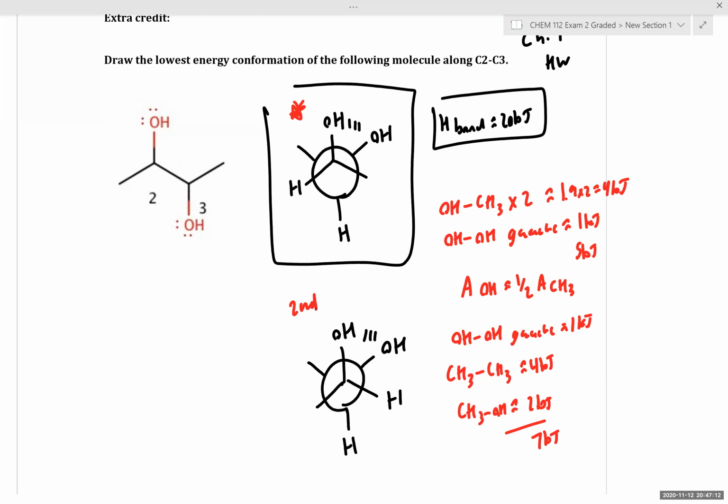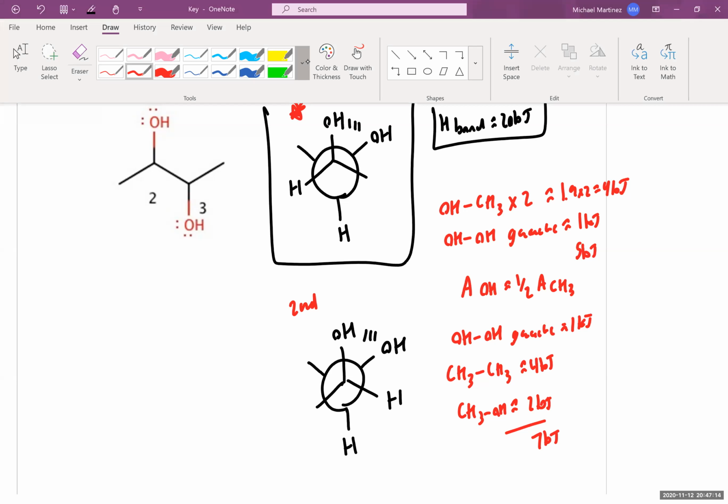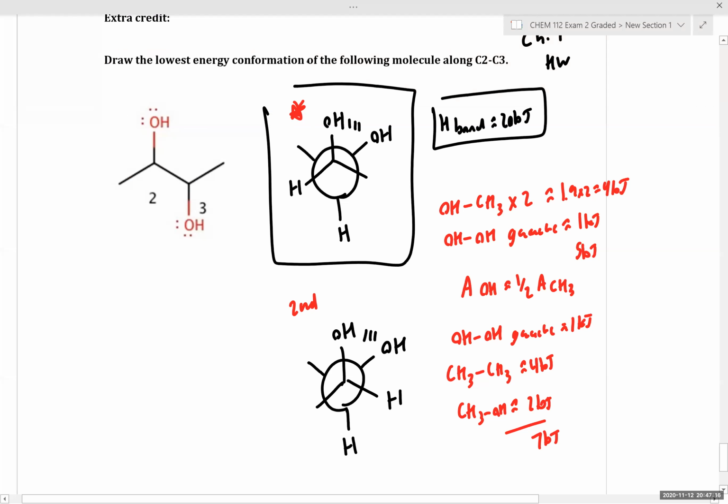Don't worry, it was only 4 points of extra credit, not a lot. I always try to include things in the homework that are interesting. I wouldn't call them gimmicks because they do pop up and they are relevant in terms of dictating the stereochemical outcome of reactions. The same principle would apply if you have a carboxylic acid, for example.